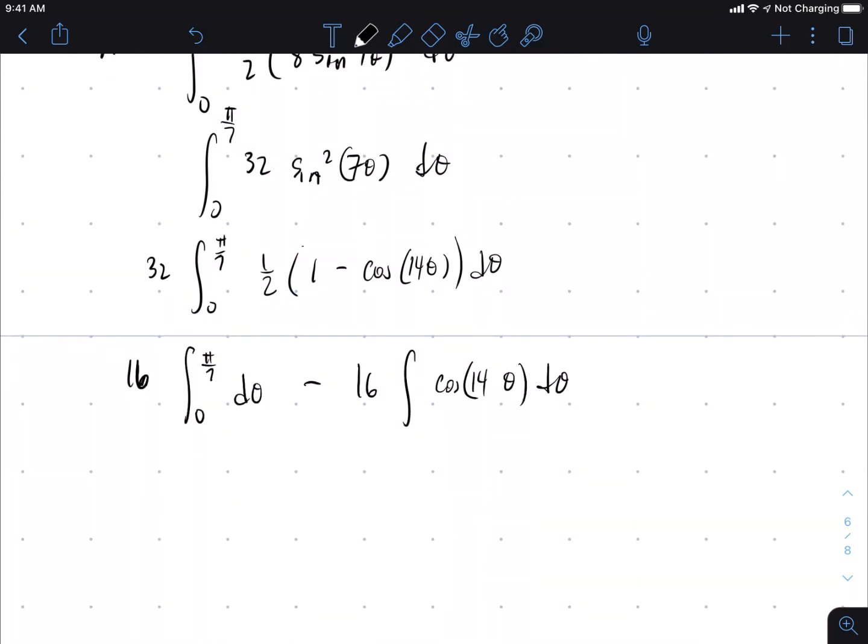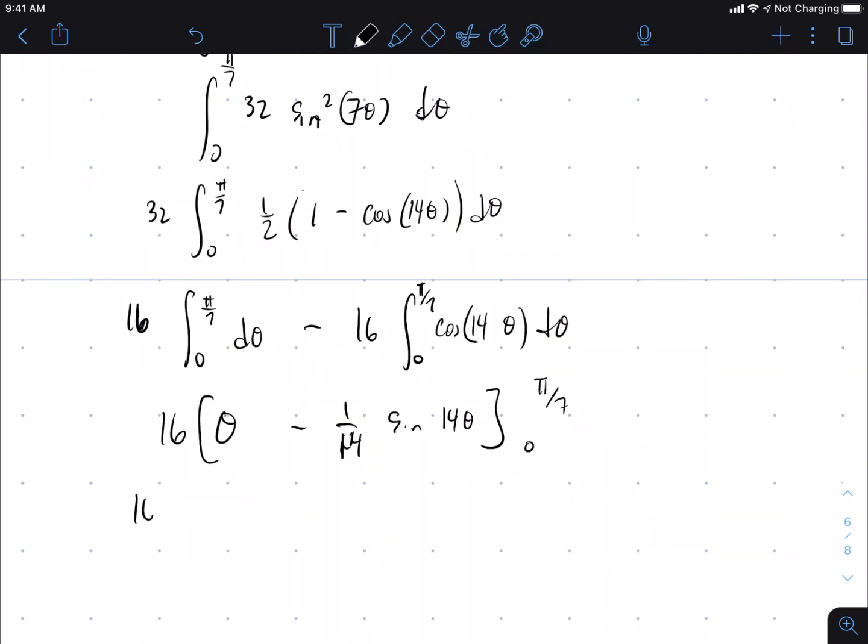So that's going to give us 16 theta minus, here I'll do it this way, it's actually cleaner, 1 over 14 sine of 14 theta, going from 0 to pi over 7. Do we all agree with that? Okay.